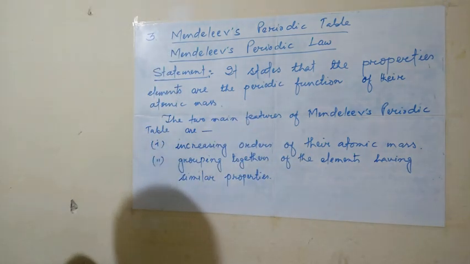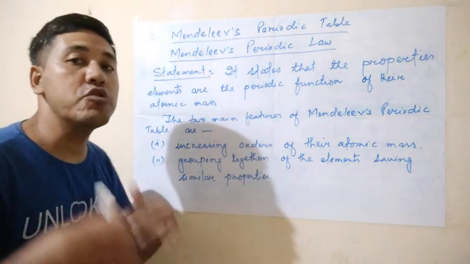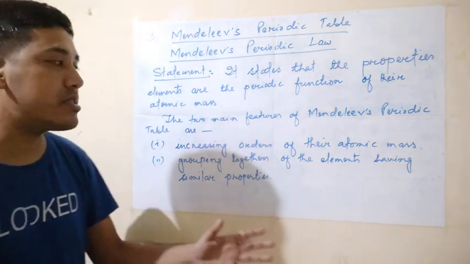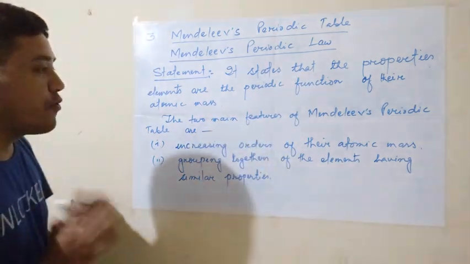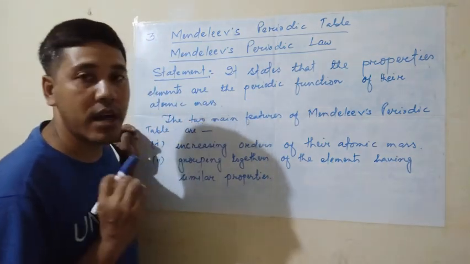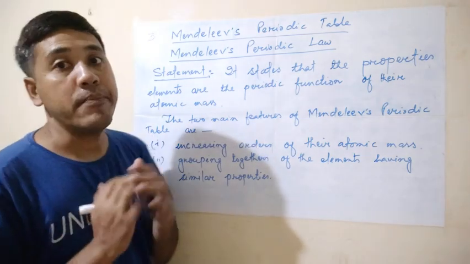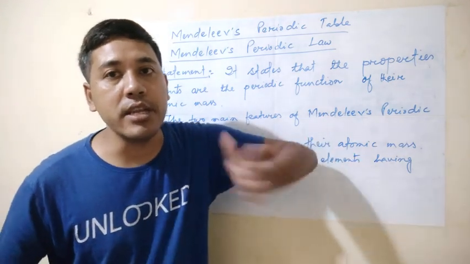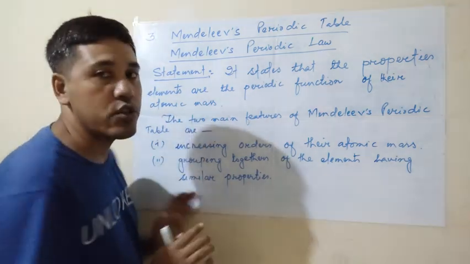Because of these two important points, Mendeleev classified the elements in his periodic table. Now, don't forget, the statement says that the properties of the elements are the periodic function of their atomic mass. That is, the elements are put in this periodic table according to the increasing order of their atomic mass.